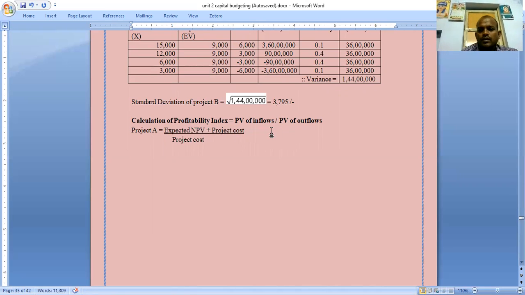Even if you calculate by reversing all these formulas, you will get the same values.